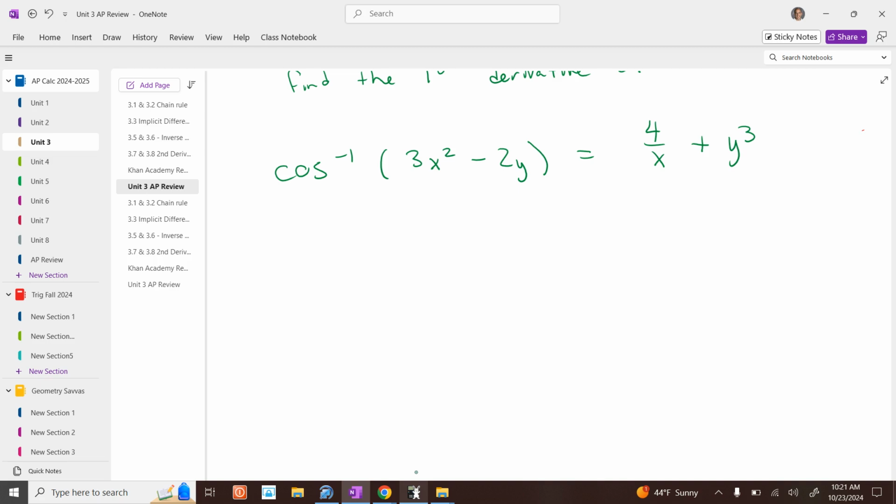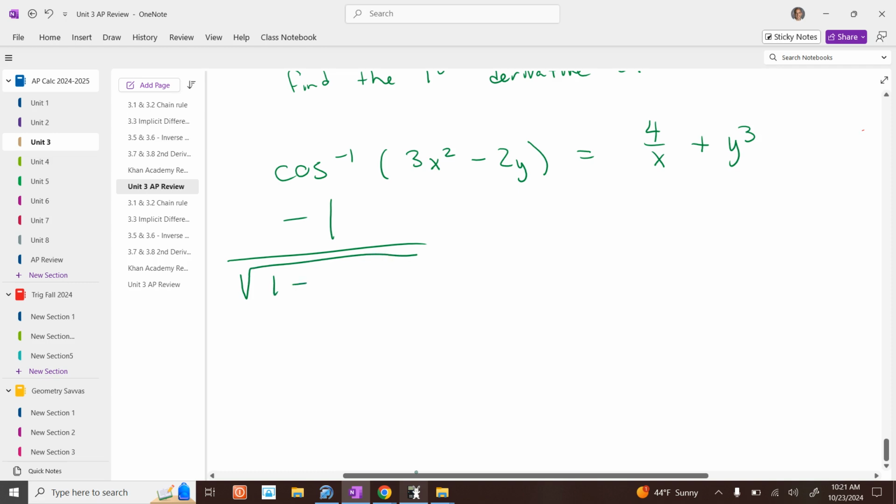Well, we'd go 1 or negative 1 over the square root of 1 minus 3x squared plus minus 2y squared times the first derivative of the inside, which would be 6x minus 2 dy dx.